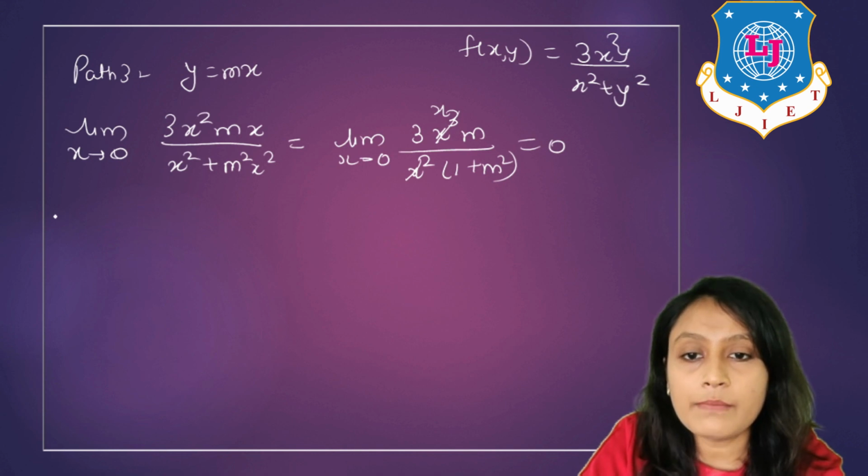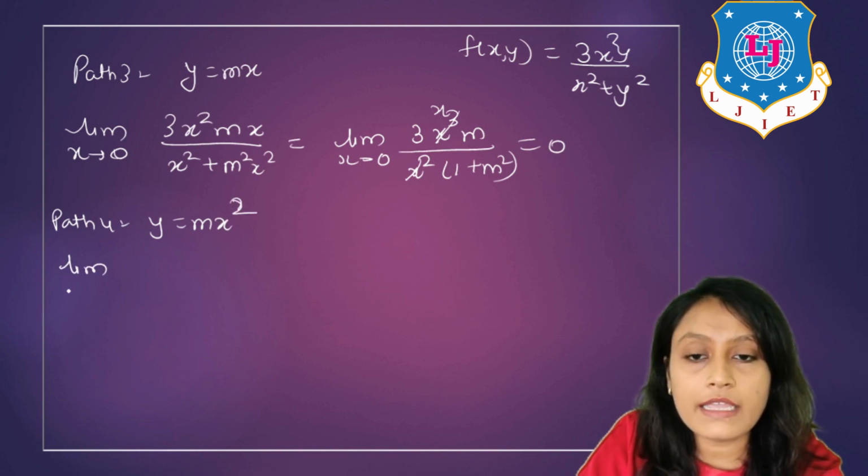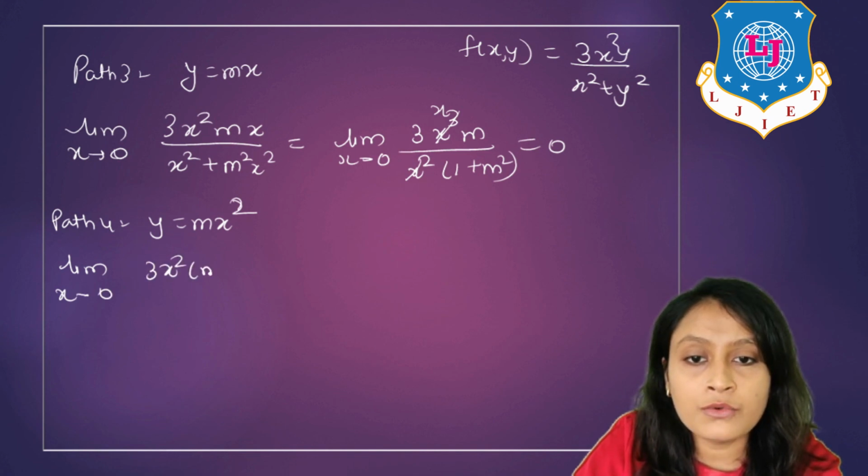Now we apply path 4, that is y equals mx square. So limit x tends to 0 of 3x square into mx square, upon x square plus, here you get m square x raised to 4.